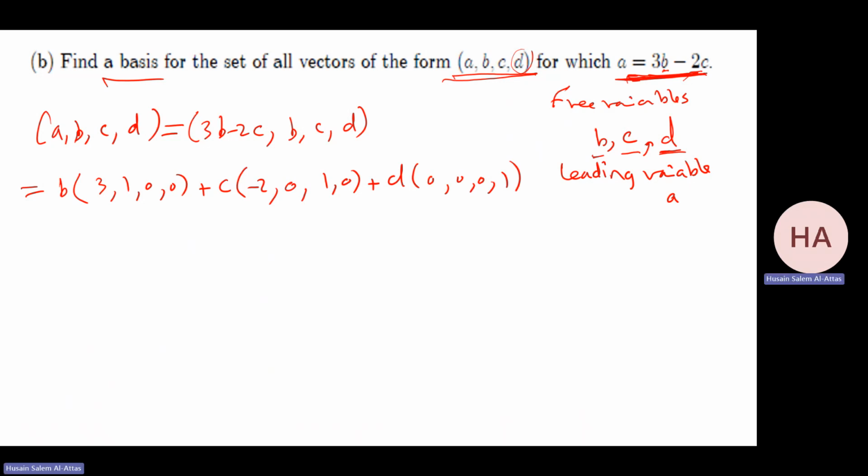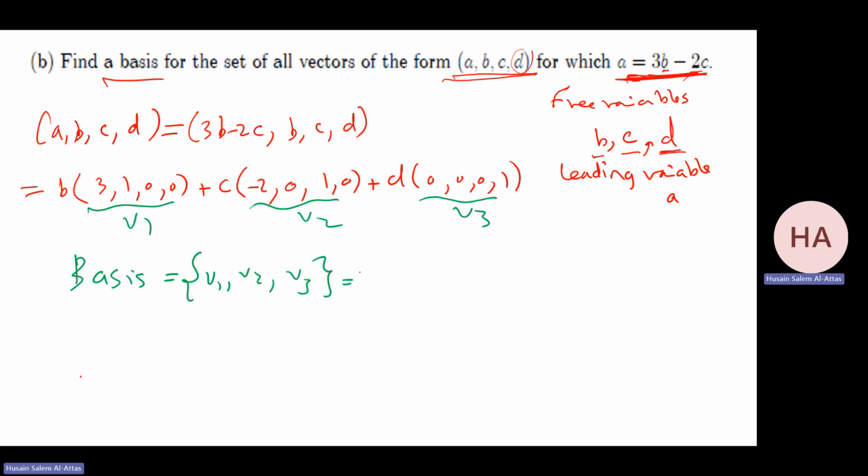So how many vectors do we have as a basis? We have 3 vectors. So this is V1, V2, V3, and the basis is 3, 1, 0, 0, minus 2, 0, 1, 0, and 0, 0, 0, 1. Be careful here. D is a free variable. I have no restriction on D.